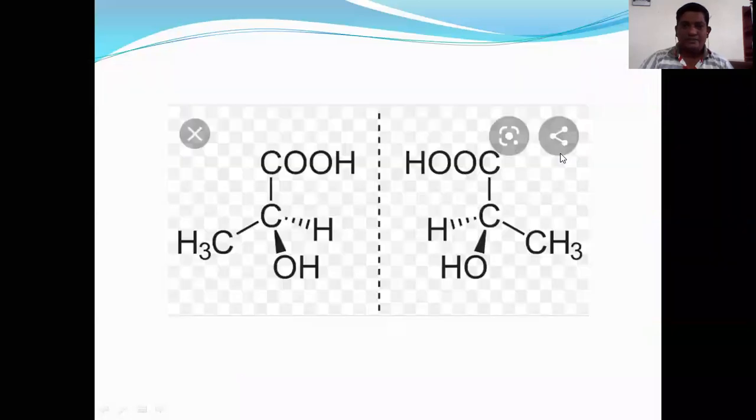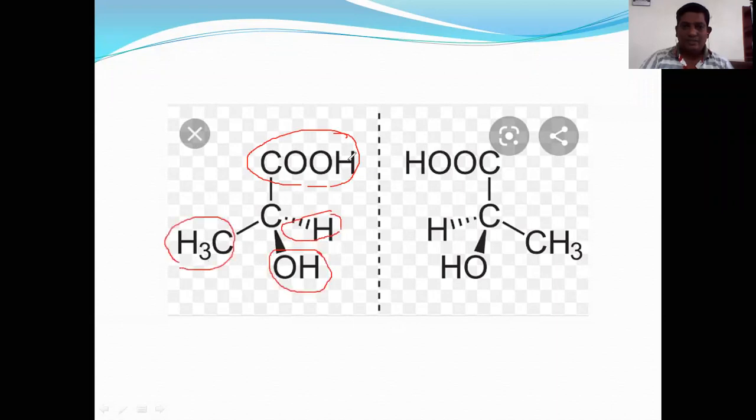You see this. Now taking another example: number 1 carboxylic acid, number 2 hydrogen, number 3 OH, number 4 CH3. COOH, H, OH, CH3. A not equal to B, B not equal to C, and C not equal to D. So this carbon is what we call a chiral carbon, an asymmetric carbon, and it has a mirror image, with hydrogen on the right hand side and here the hydrogen on the left hand side.